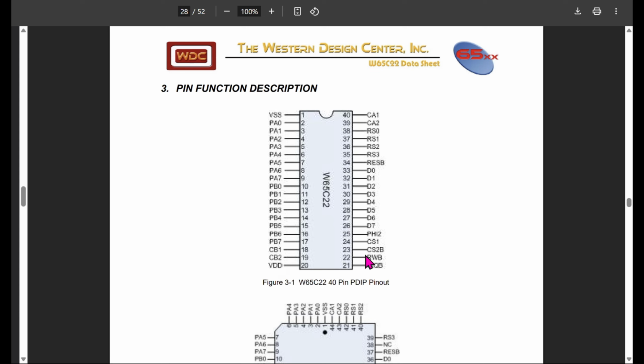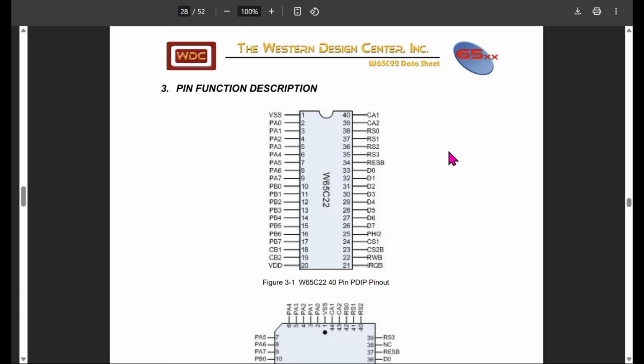Read-write is going to go to the read-write bus. Clock is going to go to the clock bus. We've got two chip select pins, which I'll talk about later. One of them, the chip will only work if it's high, and the other one, the chip will only work if it's low, and they both have to be respectively high and low for it to work. We've got a reset, which needs to go to the reset button for the whole computer. And then we've got various pins that we don't care about just for the moment.